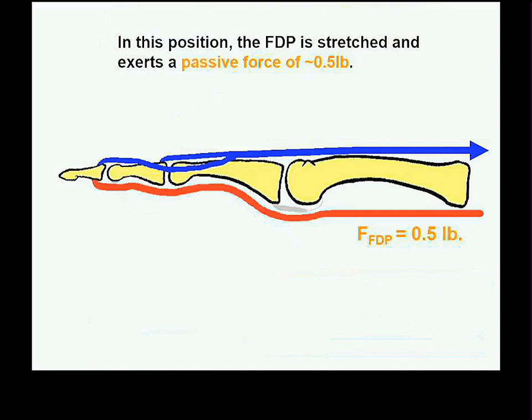In this position, when you hold your finger completely straight, you have stretched out the flexor digitorum profundus muscle so much that it exerts a half a pound of passive force. Just like a rubber band, it is exerting a half a pound of passive force just by virtue of being stretched.